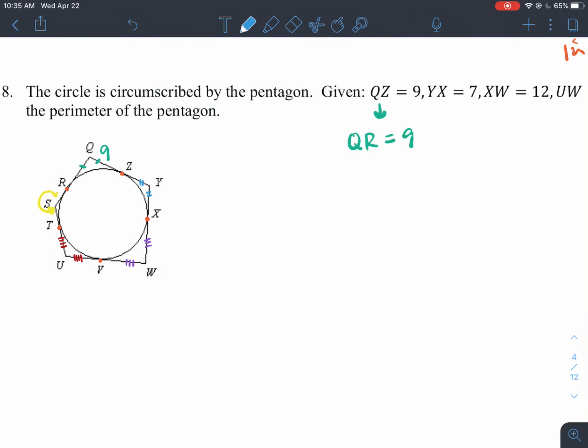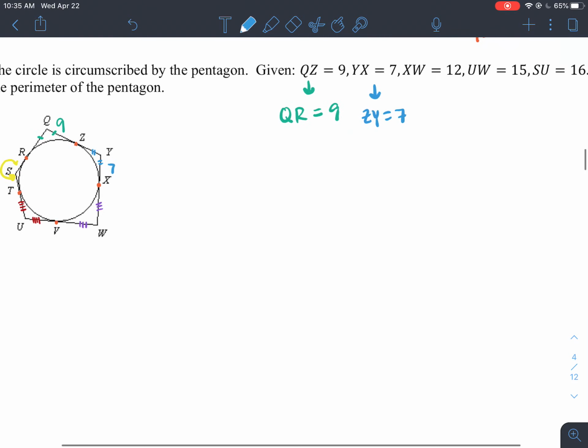And if YX is 7, then that's telling me ZY is also 7. And if XW is 12, that's telling me, well, VW is also 12.